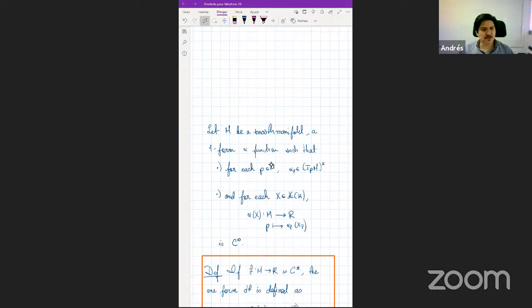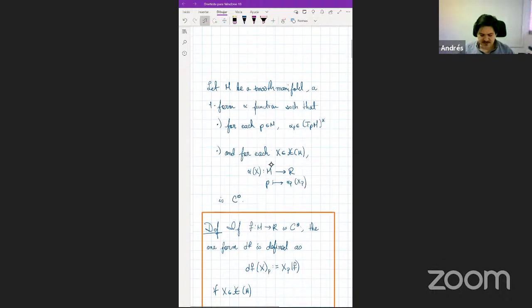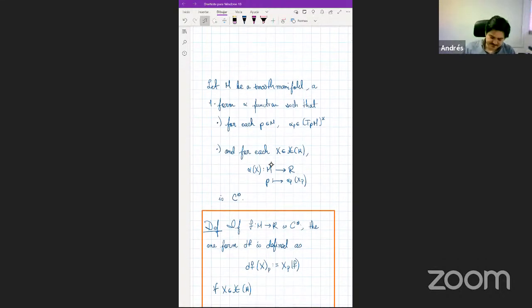Now, this is also something that we discussed yesterday. So take any smooth function, and we're going to define the differential. Again, I would like to emphasize, at this point, all of this is a single object. Later, we will see that it is the differential d applied to a function.